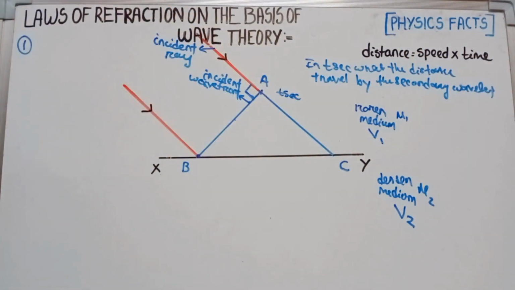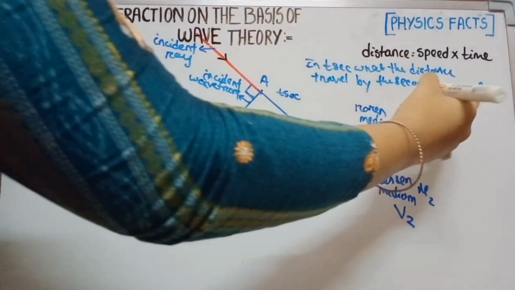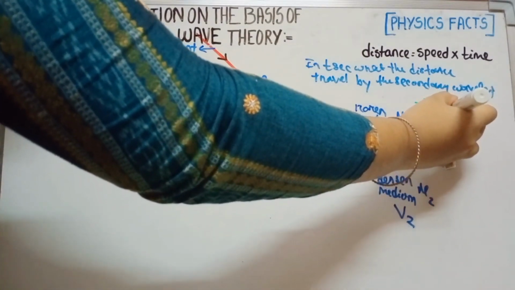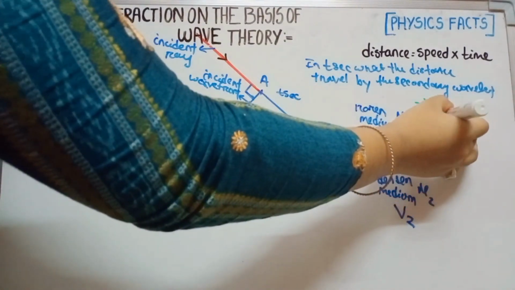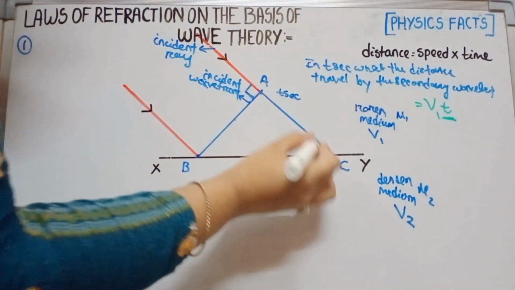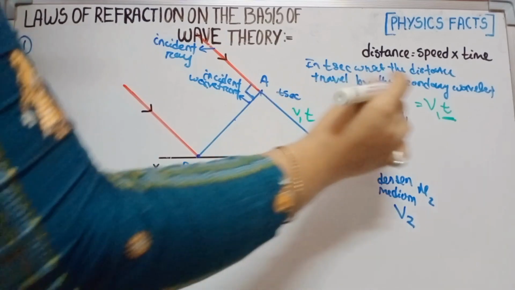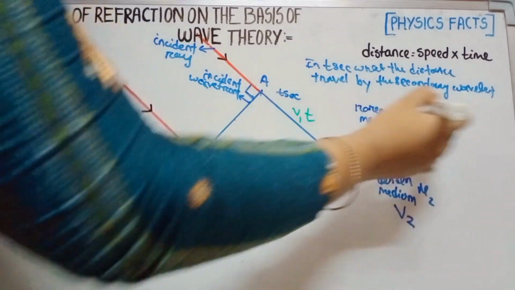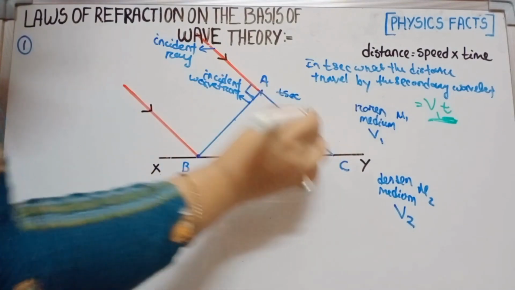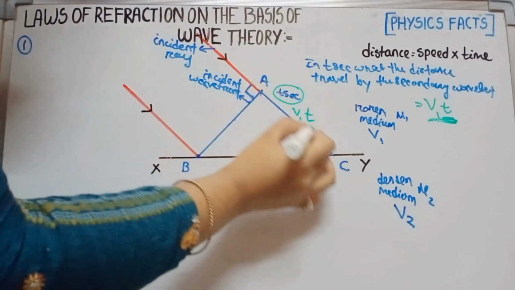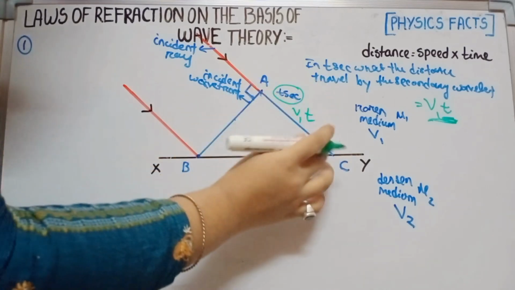In this rarer medium, the speed of this wavelet is v1, and in t time it covered this distance. So this distance A to C is v1t.